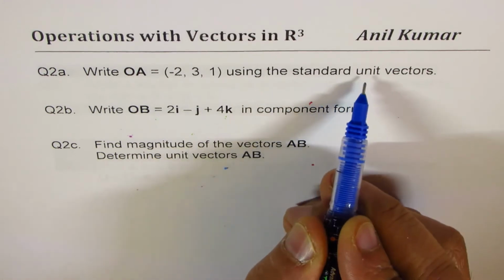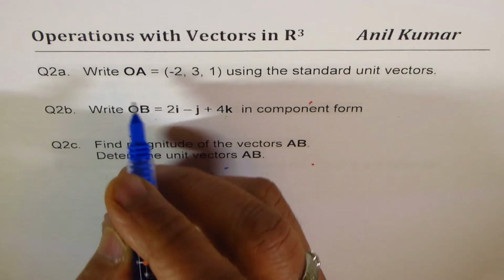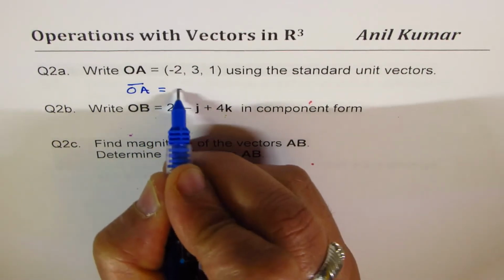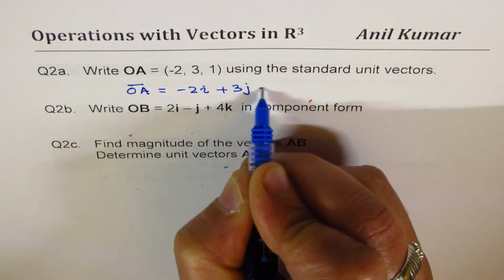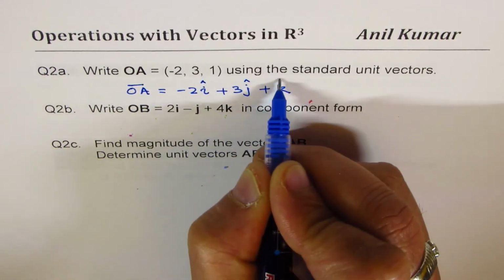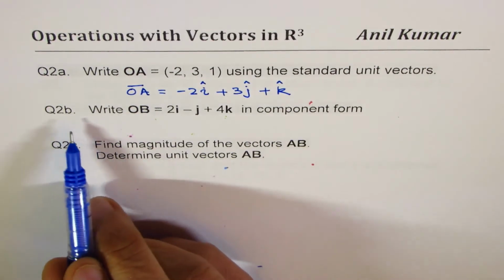When we say standard unit vectors, we want to write in terms of i, j, k, right? So we could write this as vector OA equals minus 2i plus 3j plus k. So that's how we could do it.